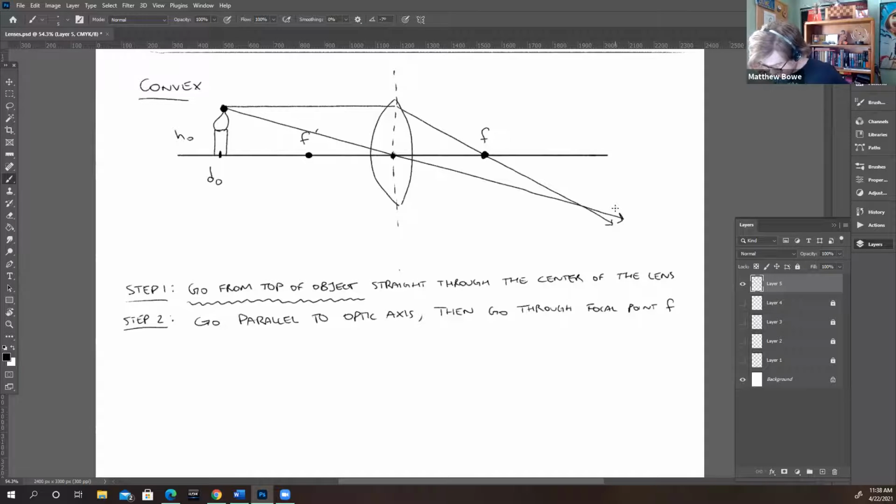Okay, so that's step 2. Step 3. Go from the top of the object, go through focal point F prime, then go parallel to the optic axis.